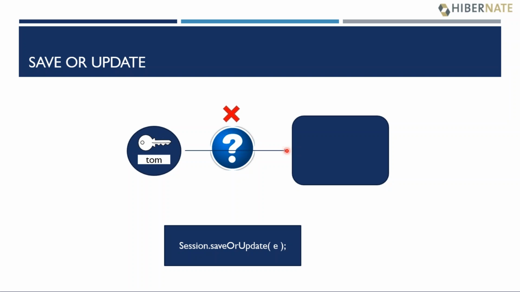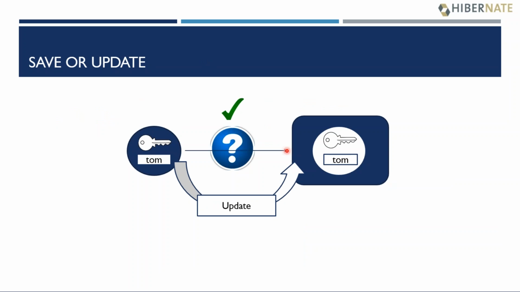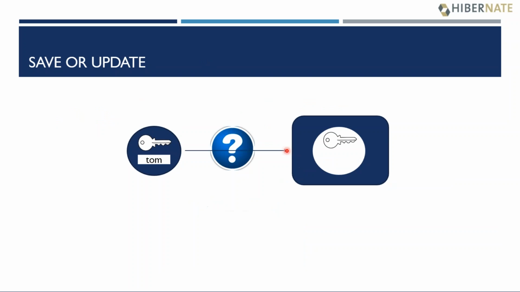After it creates the primary key for this object, it will move this object into the persistence context by calling the save method. Let's say the object was already present. Next time it checks, for this Tom, it finds that this object is already present in the persistence context.